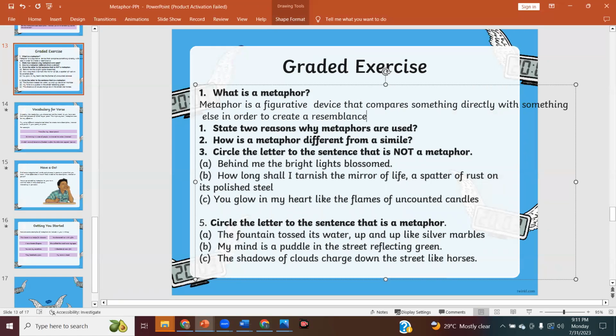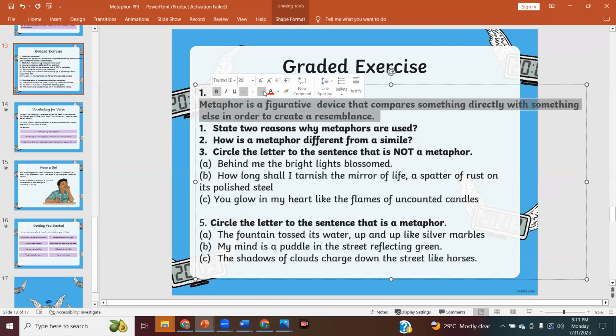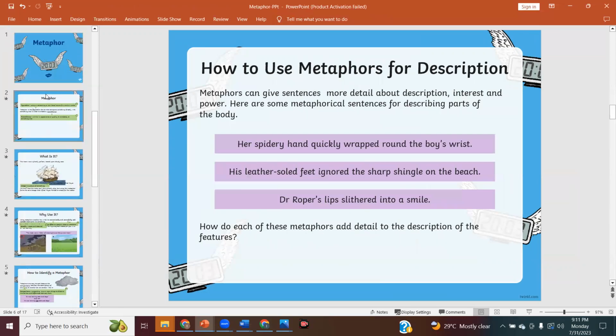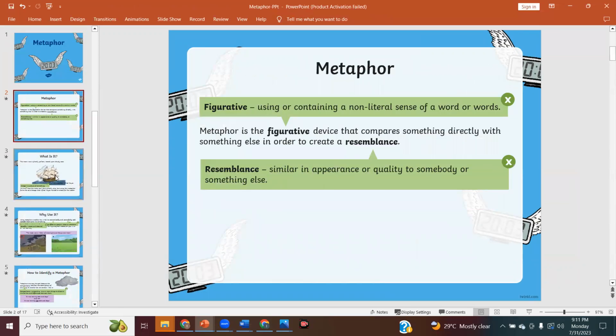How many persons got that? I got that. Very good. Anyone else got that? Yes, sir. Very good.